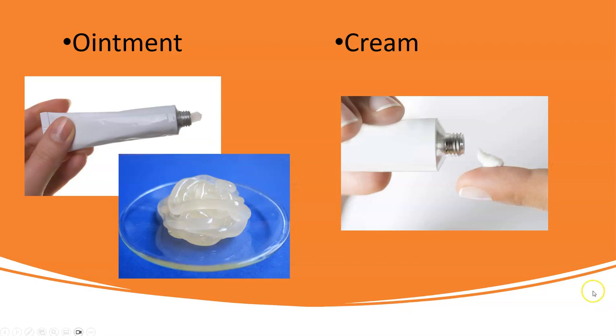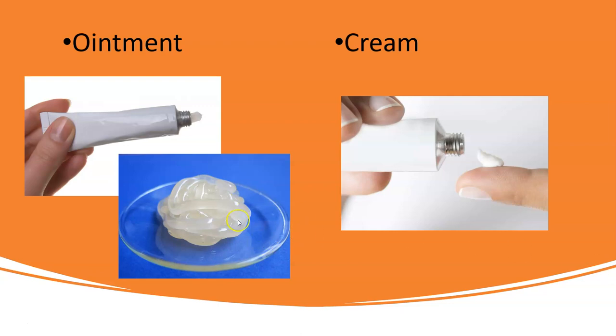Ointments and creams. So an ointment is generally going to be an oil-based product. So it's going to be kind of greasy. It's going to be thick. It's going to bring the medication and hold it on the surface of the skin. And then a cream. So here we've got the ointment, and over here we have a cream. A cream is a water-based product, and it can absorb into the skin.